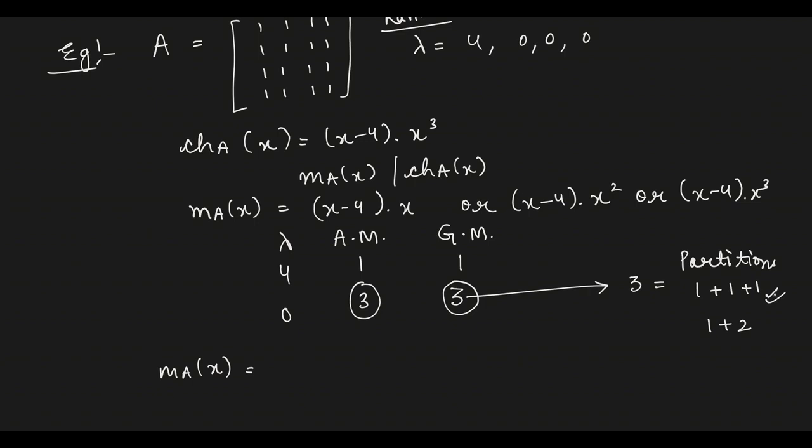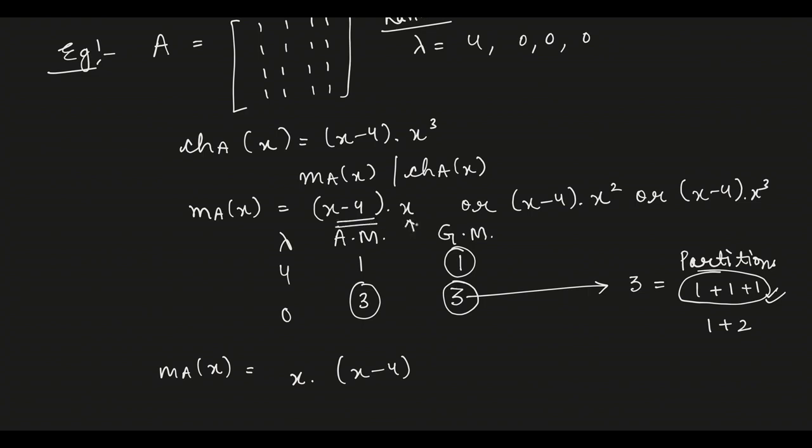And I will take the highest part of that partition. Highest part is obviously 1 only. So it will be x into (x minus 4), because GM is 1 only, so I will have only one factor in this x minus 4. (x minus 4) square is obviously not possible. x minus 4 was not an issue.